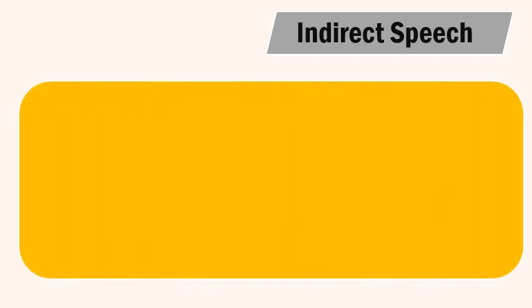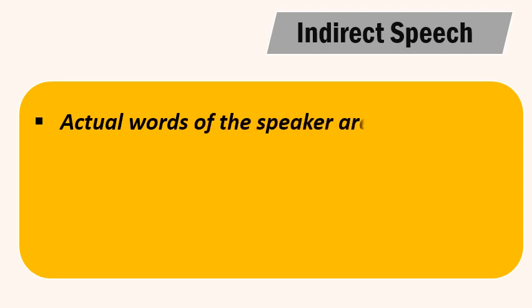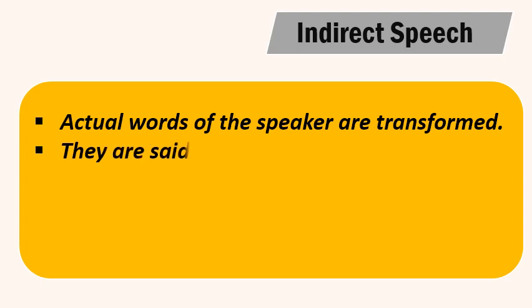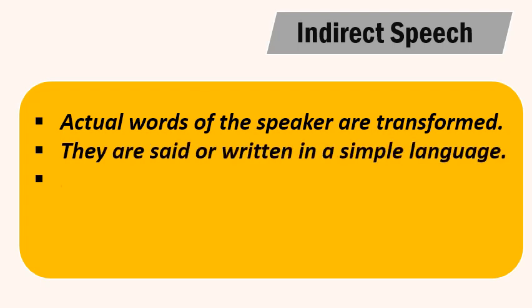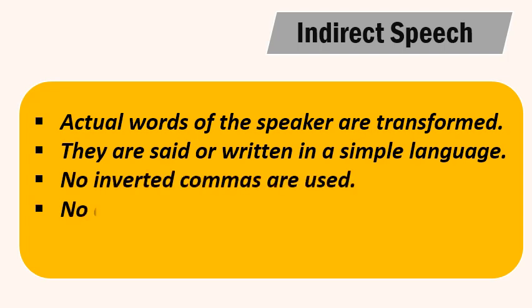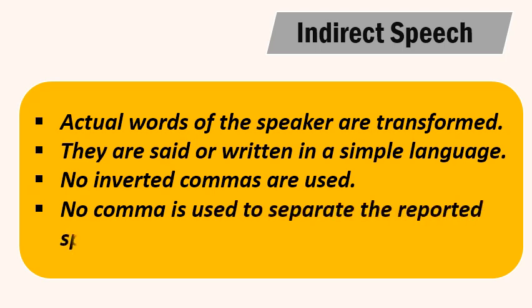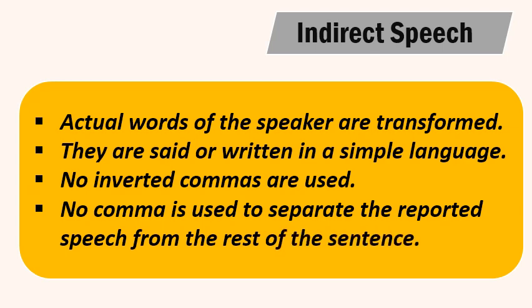Now let us see what is indirect speech. The answer of the question is actual words of the speaker are transformed. They are said or written in a simple language. No inverted commas are used. No comma is used to separate the reported speech from the rest of the sentence.